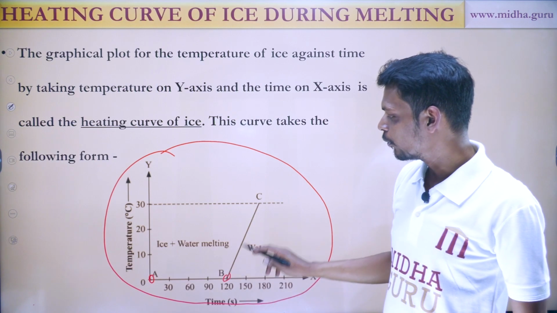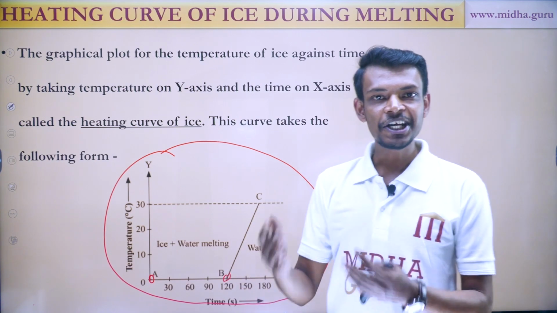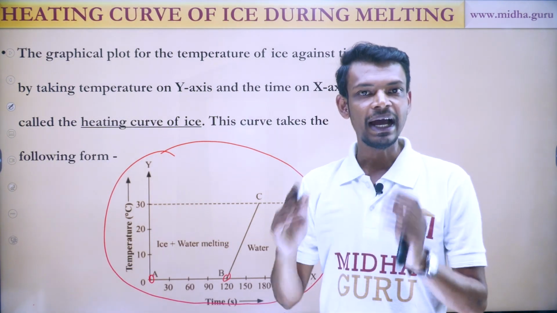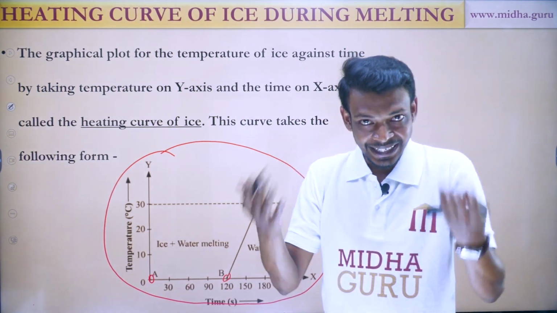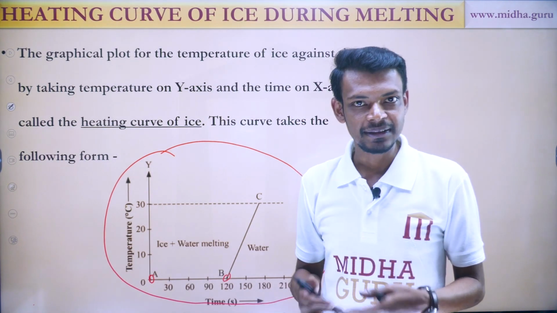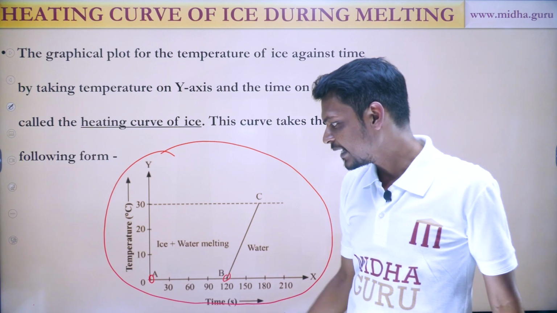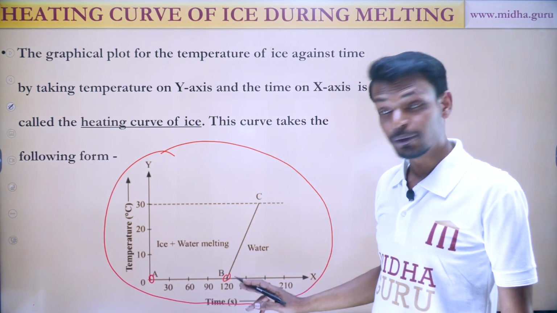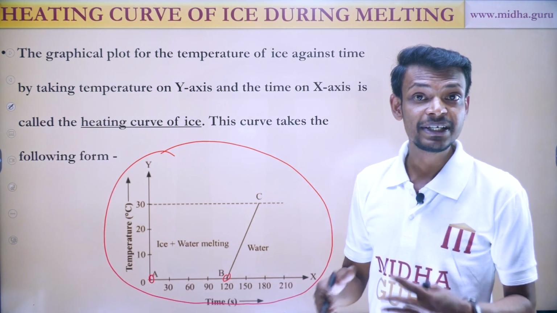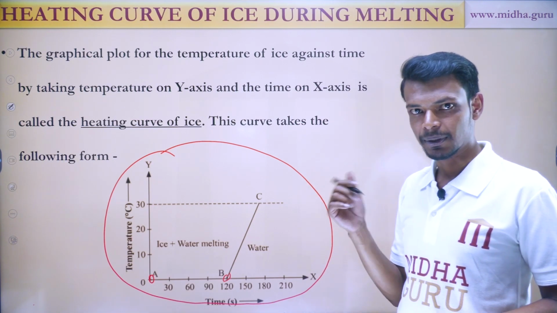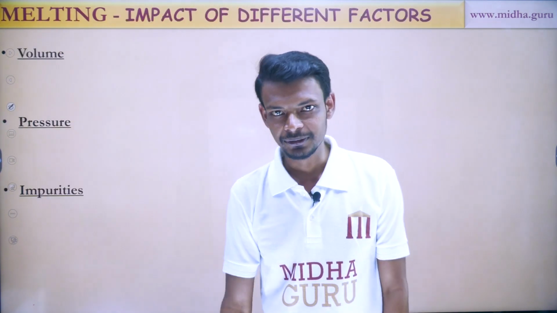From point B onwards, the phase BC states that all the ice has melted and now we only have water, and this water will gain energy, leading to an increase in the temperature. Now the question is, if heat is being supplied continuously for around 120 seconds, where does this heat go? This heat is called latent heat, which we will study in the upcoming slides. So let us move forward.